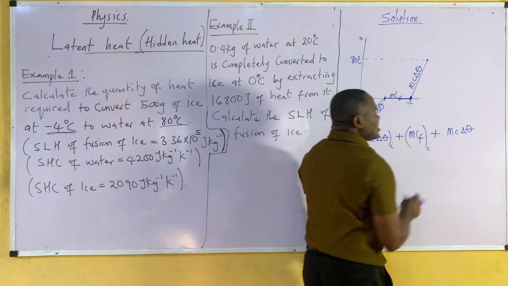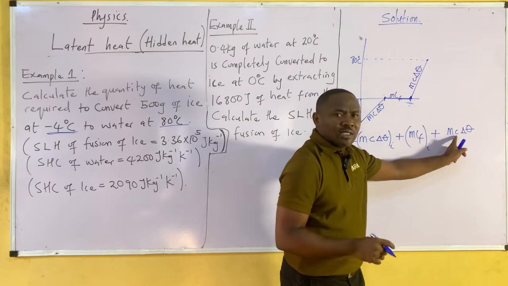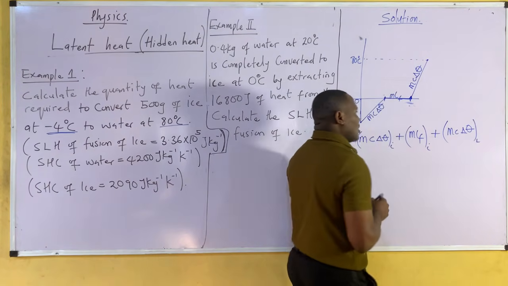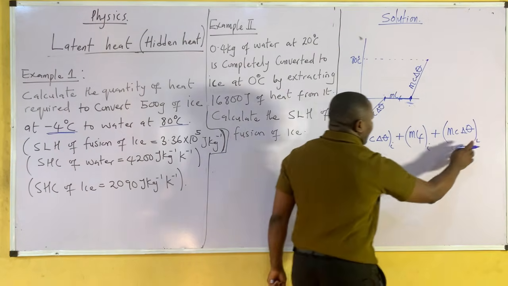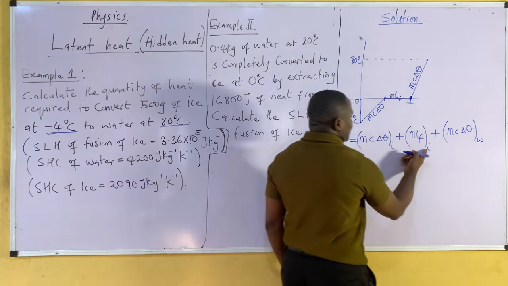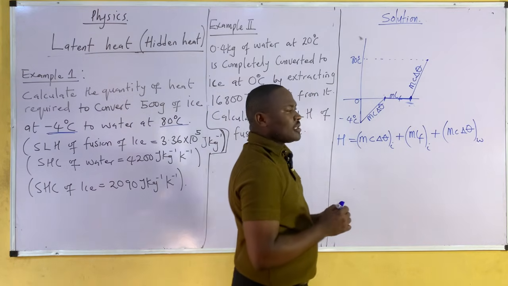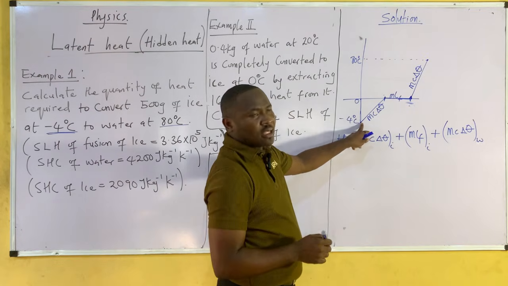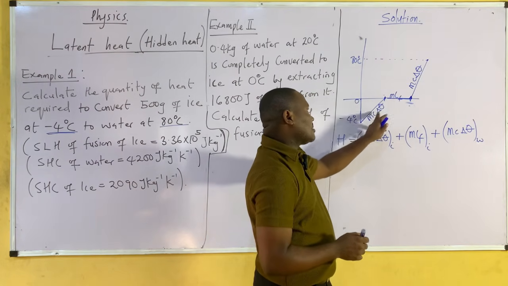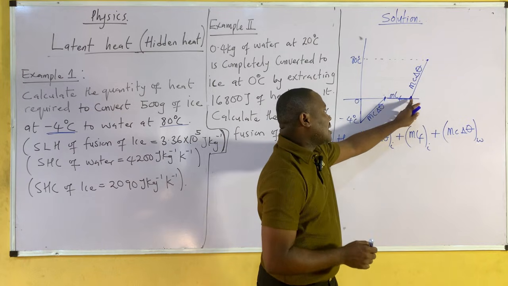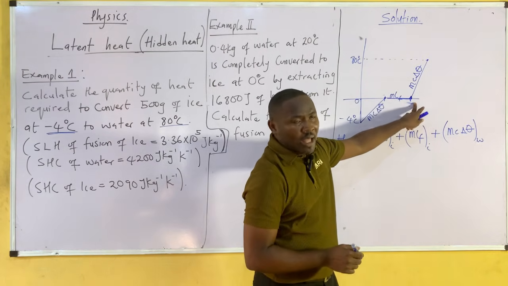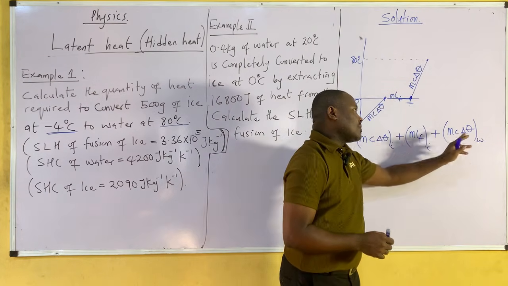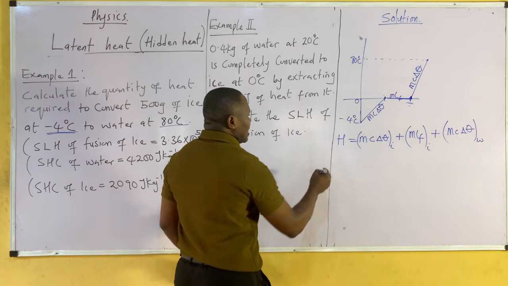But what about this specific heat? This heat is for liquid. That's for water. So you take note of this, that this is for water, this is for ice, and this is for ice. Here is latent heat of fusion, still for ice, but here is the heat for water, which is now MC change in theta of water. So how will I solve this now?